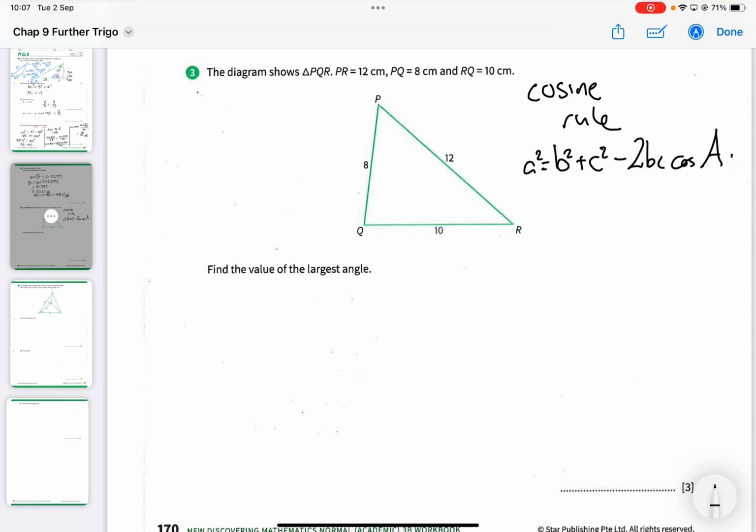You want to find the largest angle. Largest angle must be opposite the longer side. So they are asking you to find angle Q. Angle Q is your largest angle.